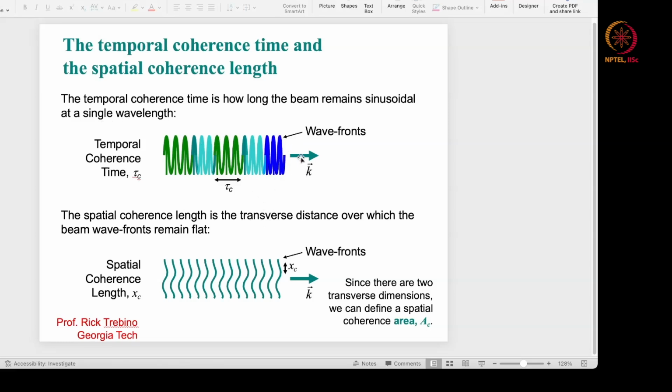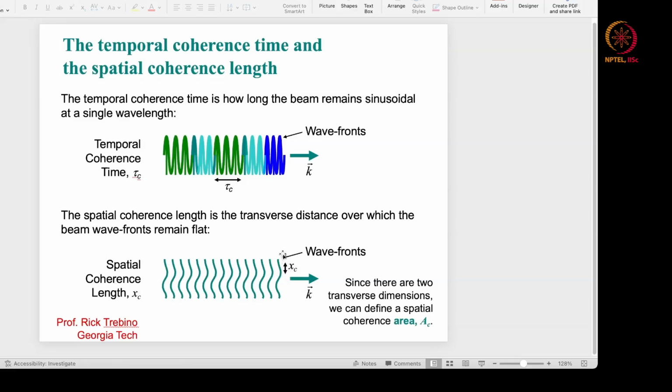So this is the wavefront and this is the direction of propagation. The temporal coherence time is that short time that the beam remains completely sinusoidal at a single wavelength. Spatial coherence length is basically the transverse distance over which the beam wavefronts remain flat. So this is spatial coherence length xc.